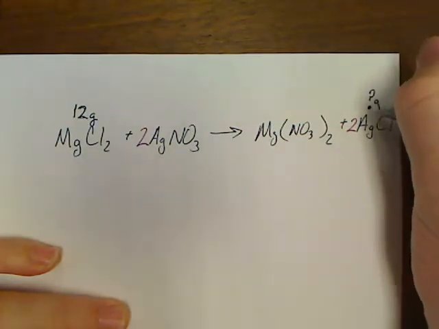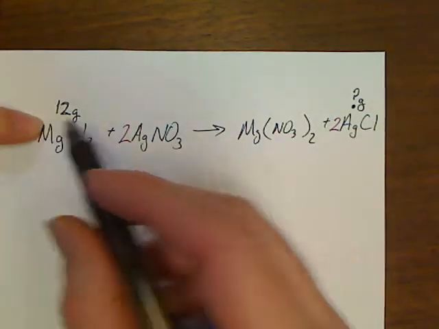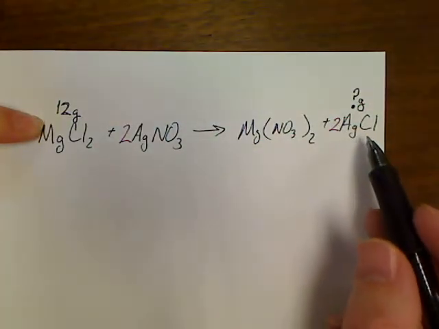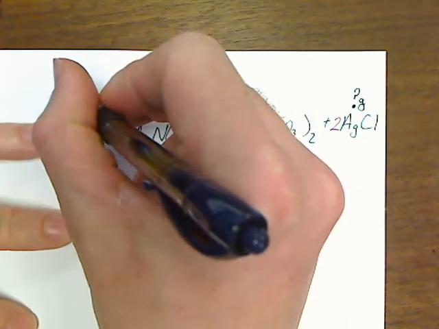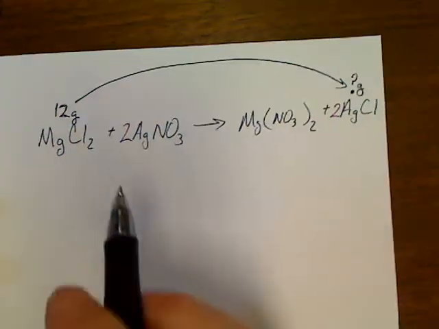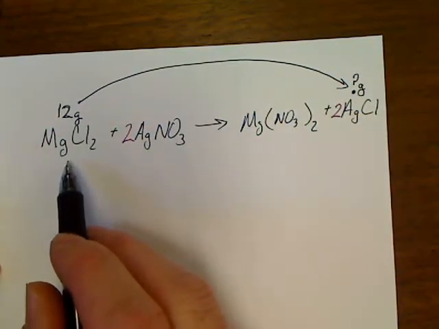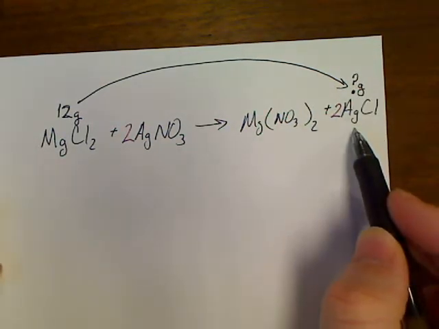So I'm given 12 grams of this and asked for silver chloride. What I'm going to do is convert, and that's all we're doing. I need to convert my 12 grams of MgCl2 into grams of AgCl.